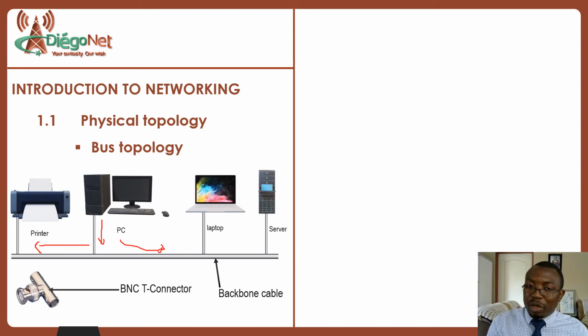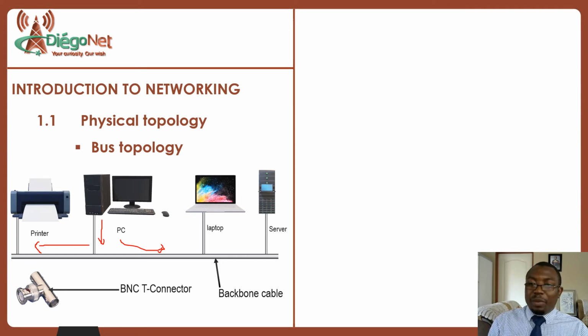The same thing will apply to the laptop. The laptop will also discard the information, but when it reaches the server, the server will look at the information and say yes, this belongs to me, and the server will process the information. But those two signals that went to the end of the cable, there is nothing there to either discard or process them. That is the reason why the signal will bounce back.